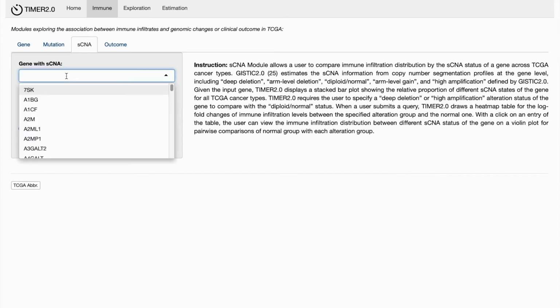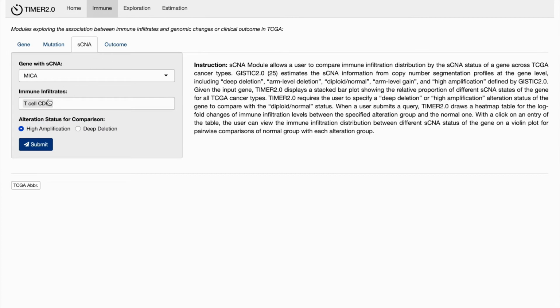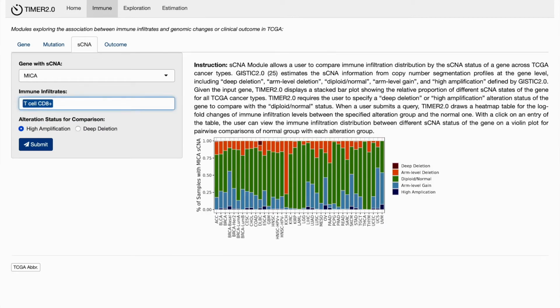So we can use MYC-A as an example here and check its association with NK cells. So we can select NK cell. Here we are trying to look at the NK cell infiltration between the MYC-A amplified tumors and the MYC-A diploid tumors.